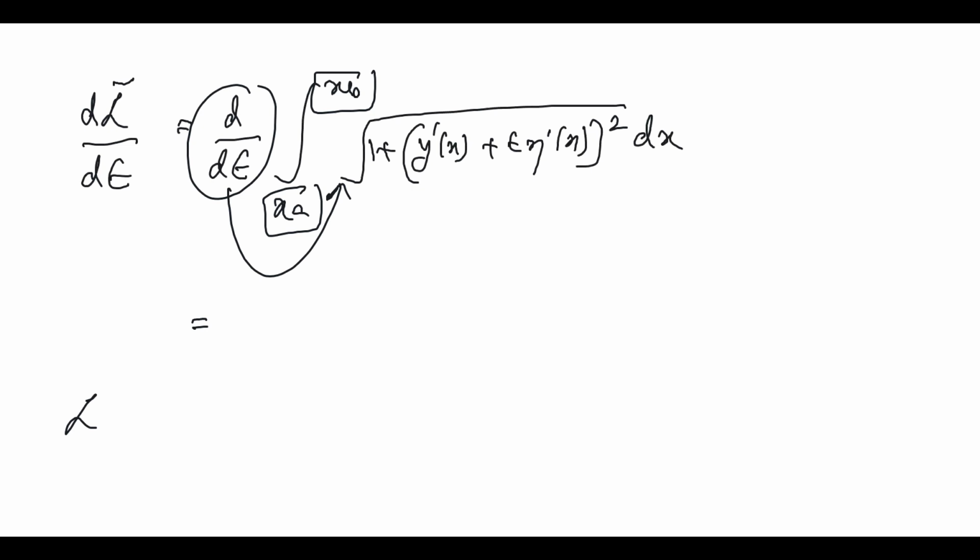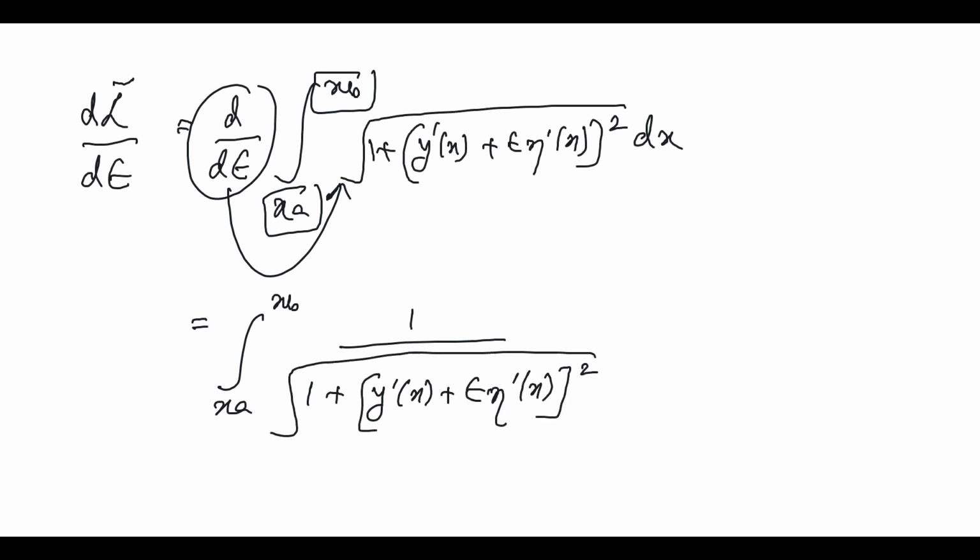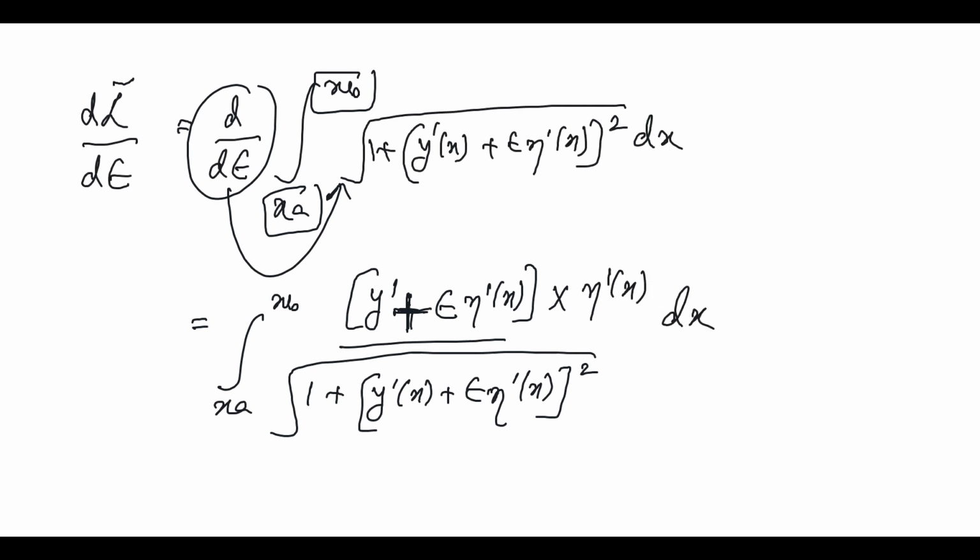If I differentiate it, I get the integral xa to xb of 1 upon the square root of 1 plus (y prime x plus epsilon eta prime x) whole squared, times (y prime plus epsilon eta prime of x) into eta prime of x dx. Right?